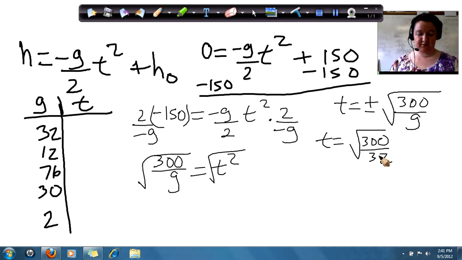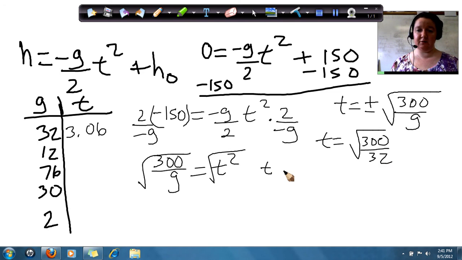So let's plug this through our calculator. 300 divided by 32 gives us 9.375. We take the square root of that. That gives us a time of 3.06 seconds. Now let's plug in 12.